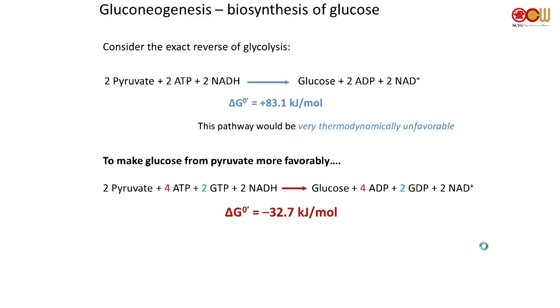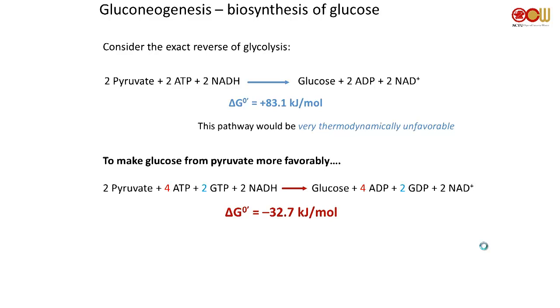Again, remember ATP, GTP, CTP, and what am I missing? TTP. They're nucleotide triphosphates. They have similar energy, so we can lump them together and say they're pretty much the same thing. So gluconeogenesis occurs through 2 pyruvate plus 6 ATP plus 2 NADH.